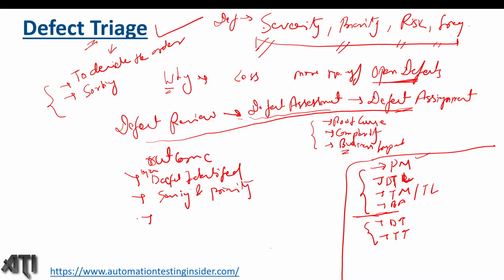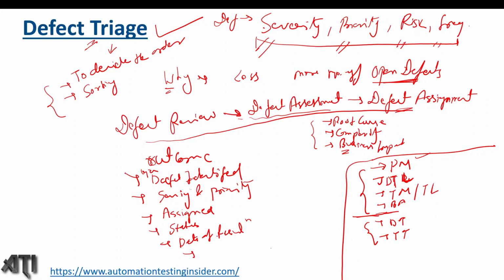Third thing is assignment to a particular developer. And status, the current status of the defect, and the resolution date. That is important. And then the time taken to resolve the defect, or how much time it will take.